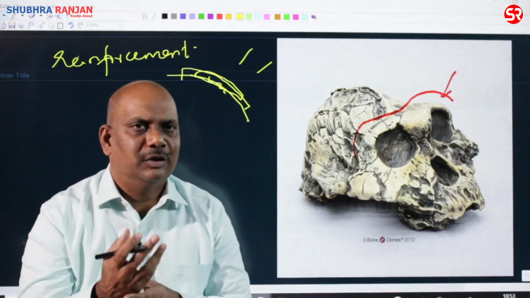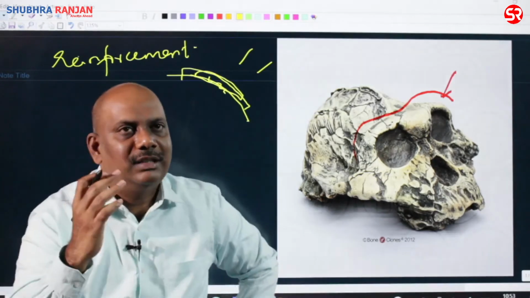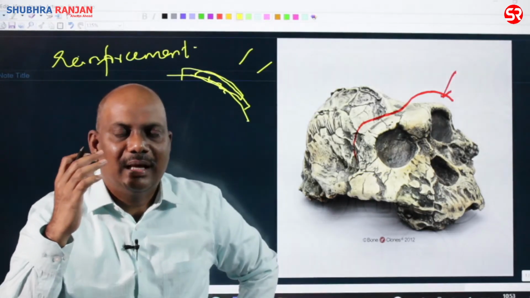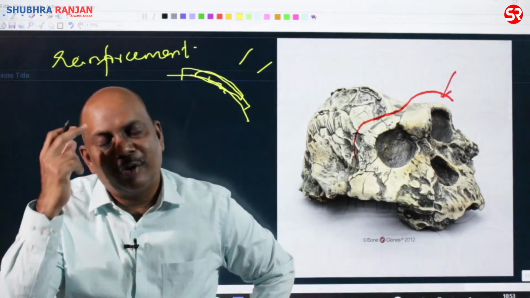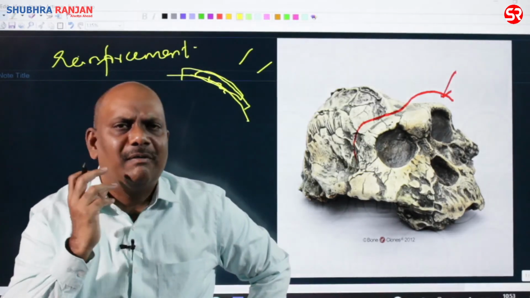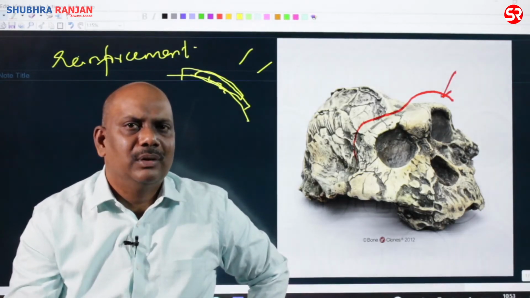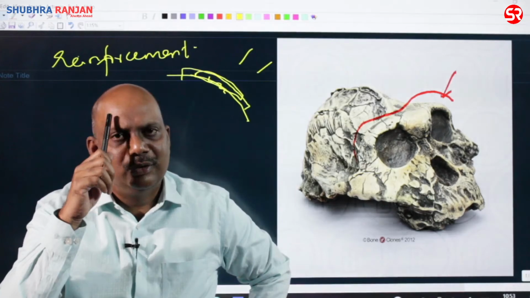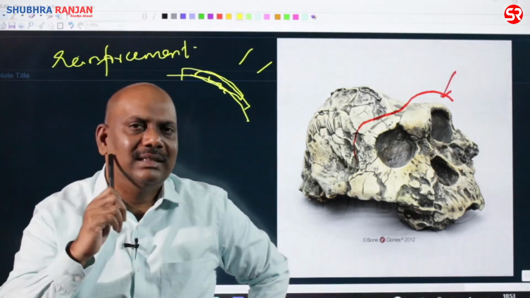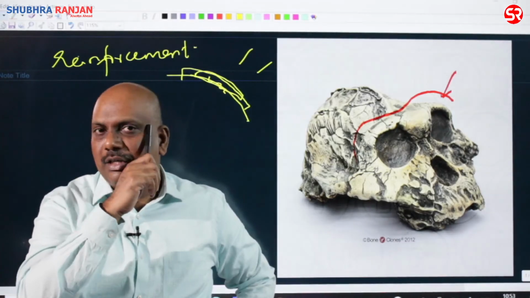So the supraorbital ridge developed as a reinforcement to protect the bone in this region, so that because of heavy biting and chewing, this bone should not break.